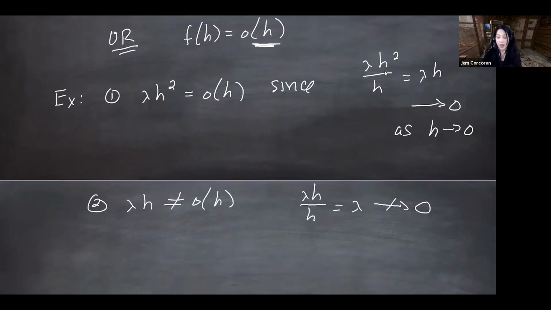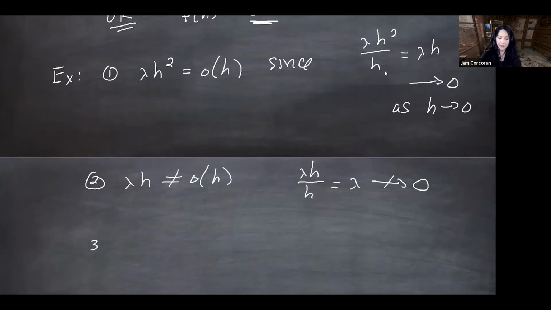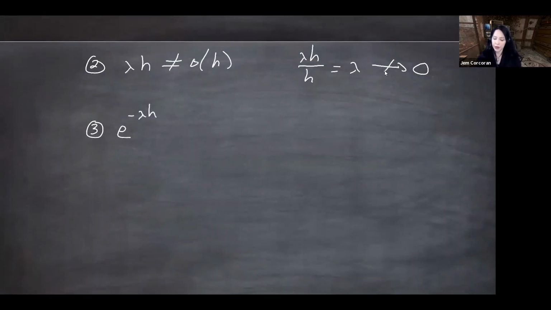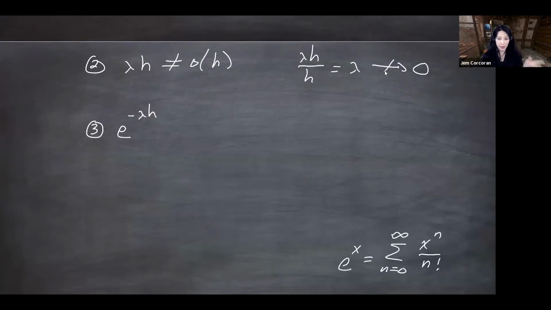One we're going to need a lot in this class is e to the minus lambda h. So if you don't know it already, I think it's good for you to know that Taylor series or Maclaurin series approximation here. I'm just going to remind you down in the corner, e to the x can be written as the sum as n goes from 0 to infinity of x to the n over n factorial. And so using that, I'm going to write out the e to the minus lambda h as the n equals 0 term is 1.